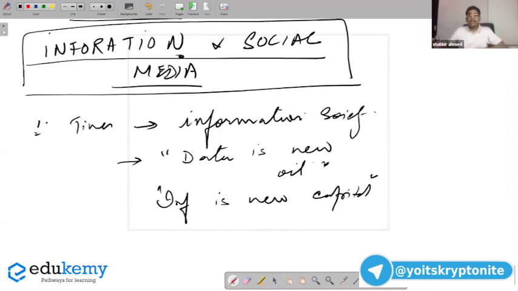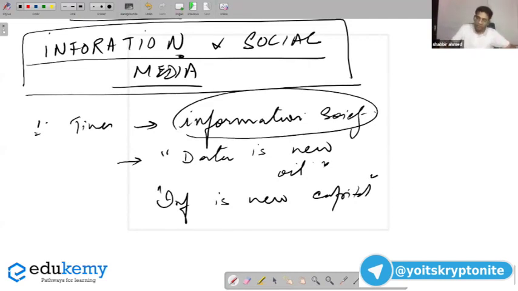ये जो idea है, this idea of information society, this term was first coined by this man called Fritz Machlup. I don't know how you pronounce his name.